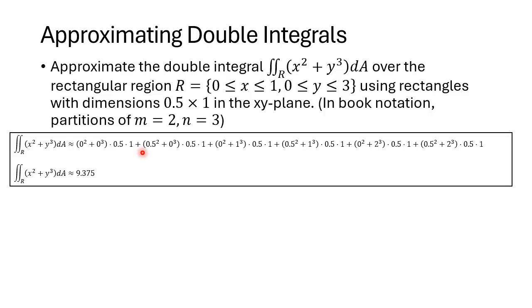The height of this is going to be the left corner, so 0.5 for x, 0 for y, because we can think of this as we take the region from 0 to 1 and we split it in half, and we take the region from 0 to 3, and we're just going to take steps of 1 here. So this is y is 1, this is x is 0.5.